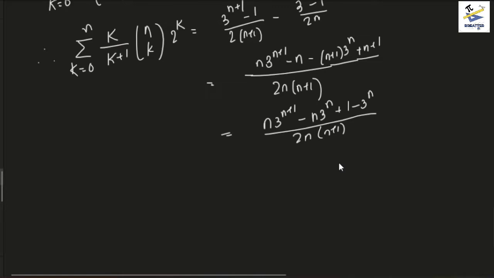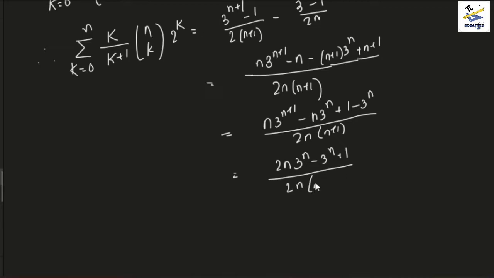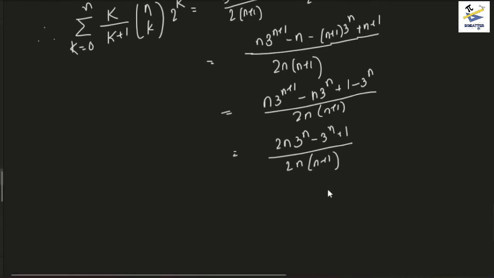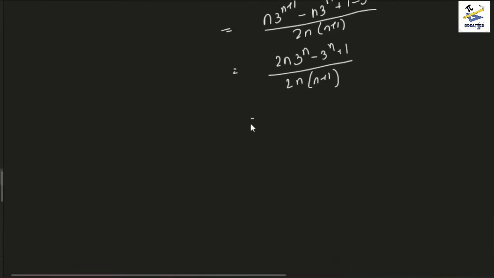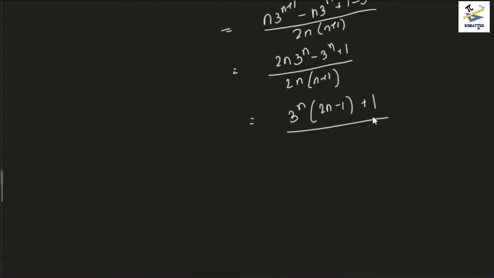And therefore n into 3 to the power n can go common, and it becomes 2n into 3 to the power n minus 3 to the power n plus 1 by 2n into n plus 1. So basically it is 3 to the power n into 2n minus 1 plus 1 divided by 2n into n plus 1.